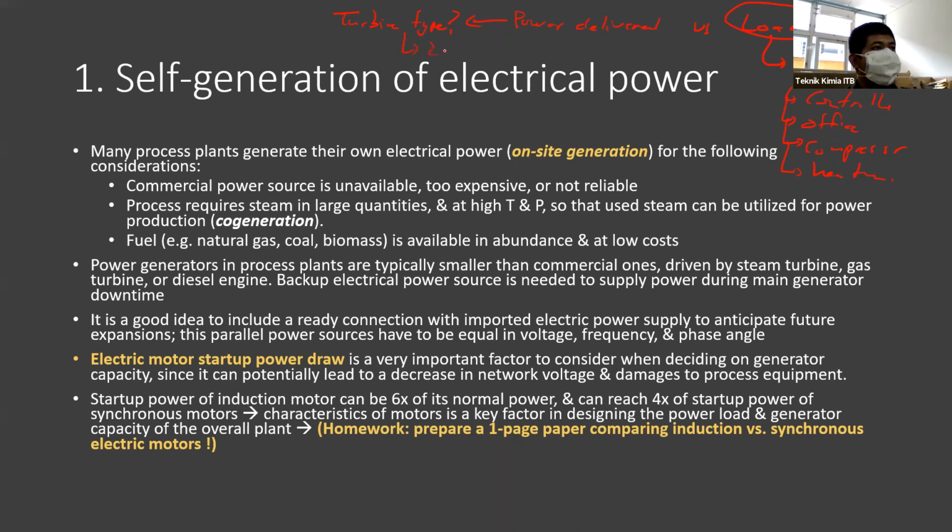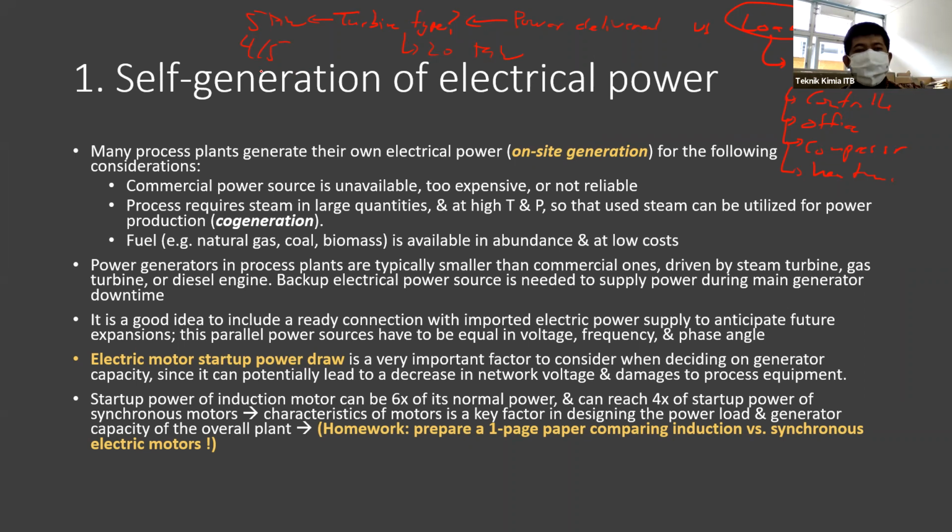Suppose you need 20 megawatt but the generator sold in the market is maybe 5 megawatt maximum. So what will you do? You need to buy 4 of them, maybe 5 of them, one is backup, and then connect them maybe in parallel. And after that, you need to synchronize it. Like I said to you before, multiple generators always need to be synchronized.